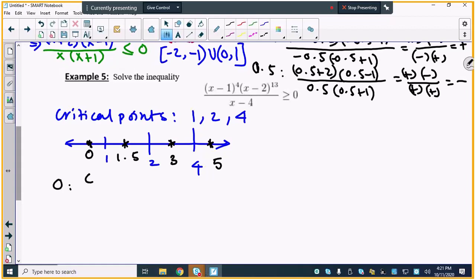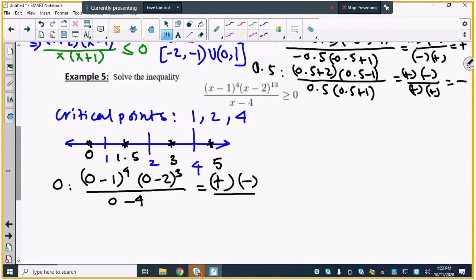At 0, I get 0 minus 1 to the power 4, even power, 0 minus 2 to the power 3, odd power, 0 minus 4. Negative to the power even is positive, negative to the power odd is negative, over the bottom is negative, so the sign should be positive.